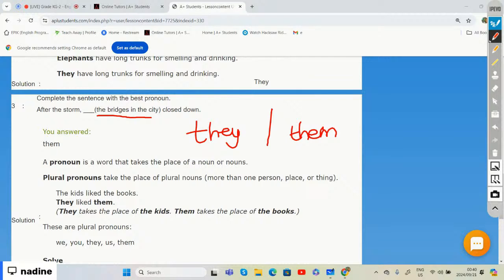Which one is correct? All right, and if we choose the correct one, we say after the storm, they closed down. They refers to the bridges in the city.